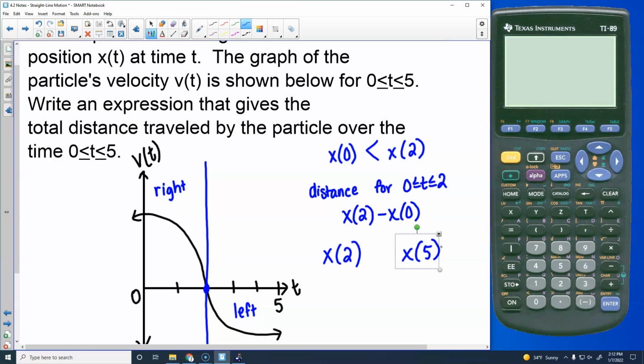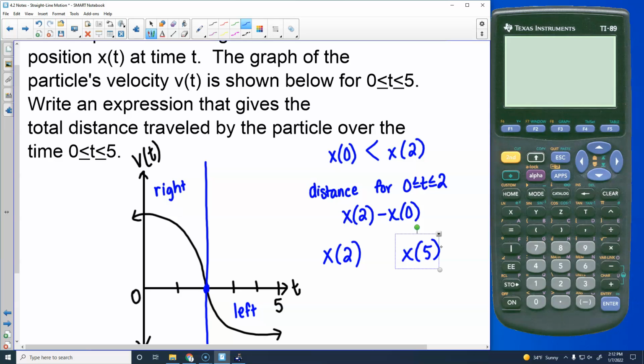So let's make it a number line. It's like a graph. We don't know exactly where this started, but let's say it started right here at -1.